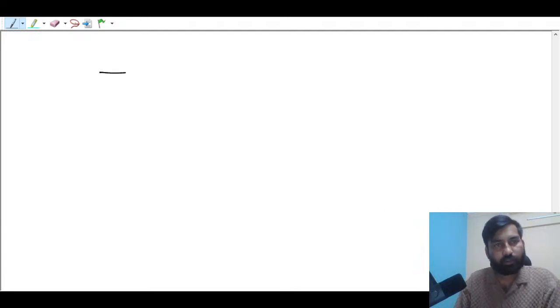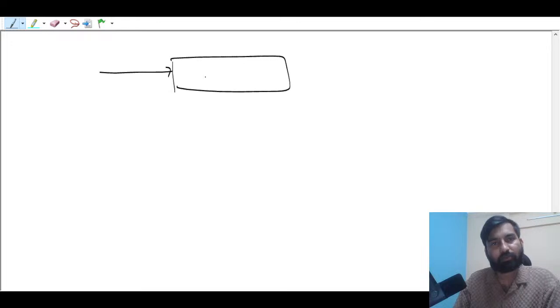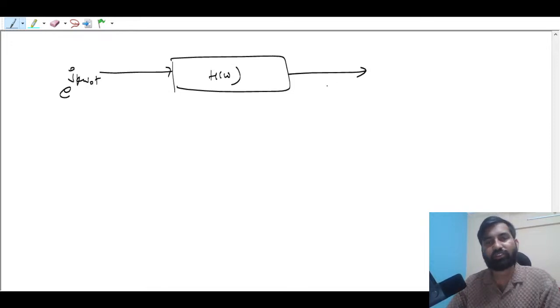So look, this is the structure you have to remember. Suppose this is the frequency response H(omega), and input is given as e raised to power j k omega naught t. So what is the output, guys?